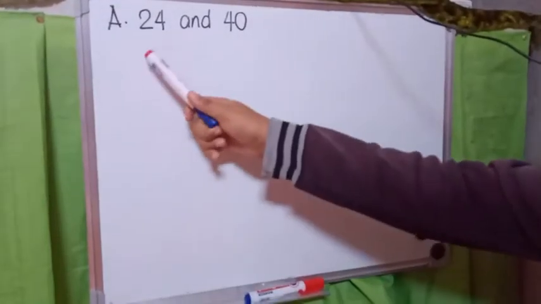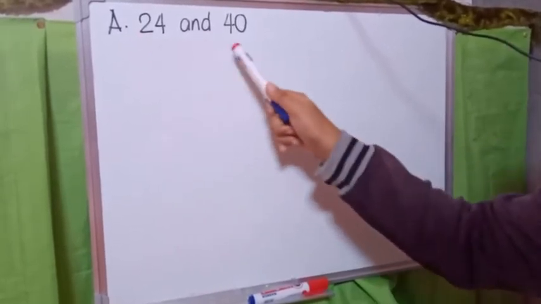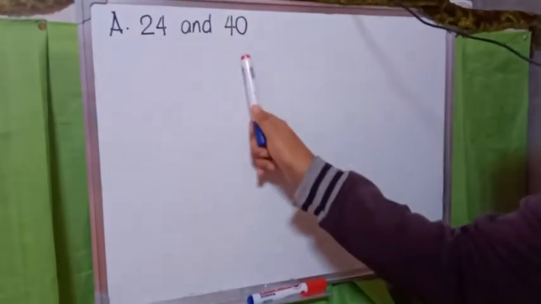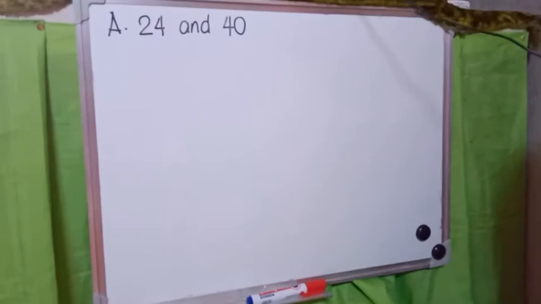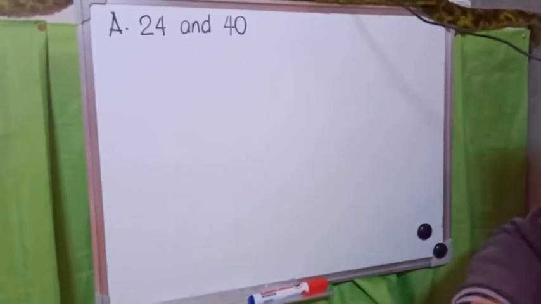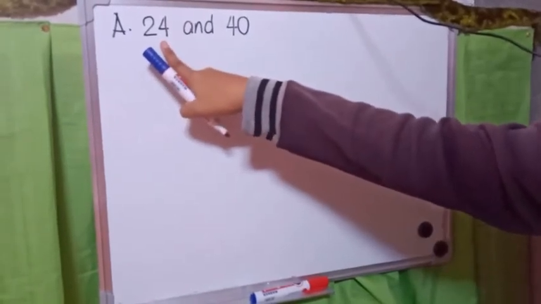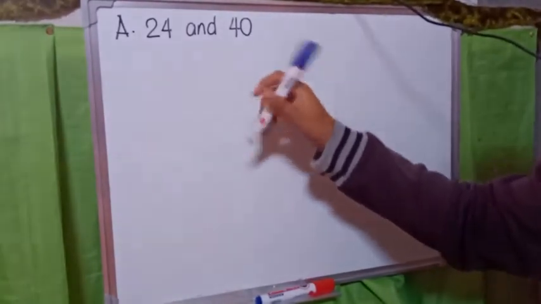Okay, so we'll start with letter A. We have 24 and 40. We need to find the greatest common factor between them using our continuous method. Always remember your small number, which is 24, will be our divisor and 40 will be our dividend.